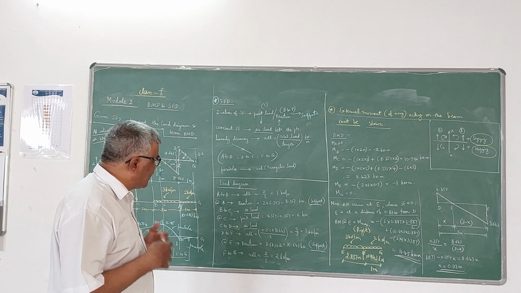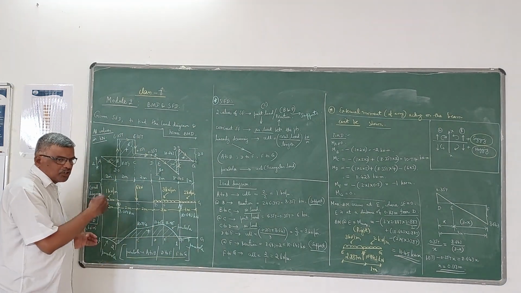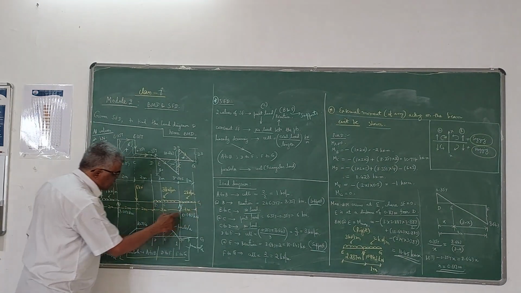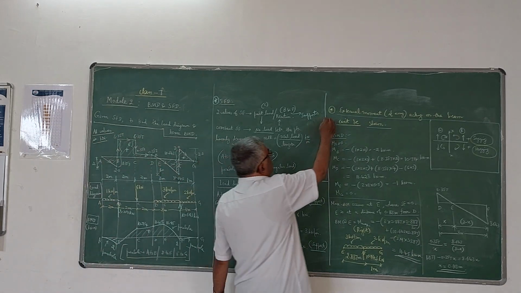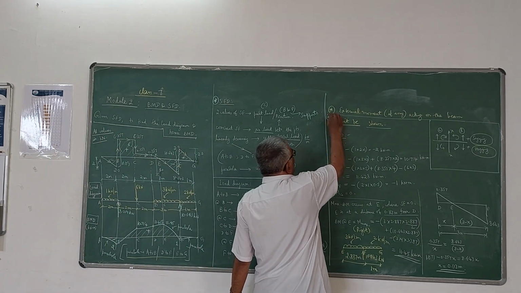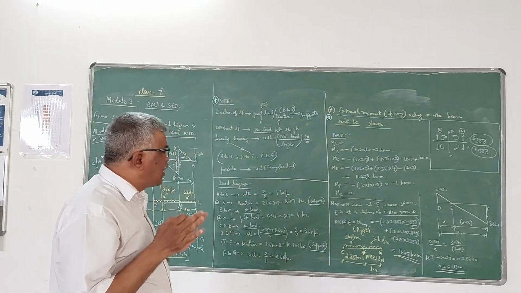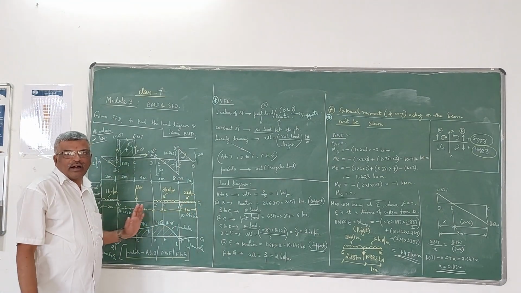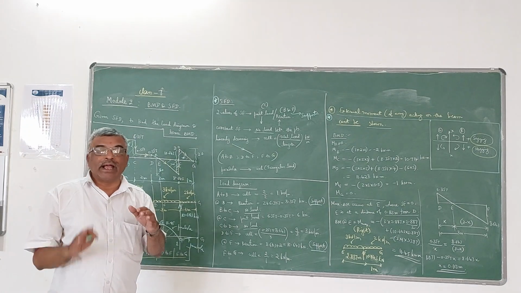Once you write the load diagram, you can draw the bending moment diagram as usual. You have to calculate the bending moment at different points for this beam. There is one important observation here. If any external moment is acting on the beam, that cannot be represented in this load diagram, because the shear force diagram does not consider any external moment.